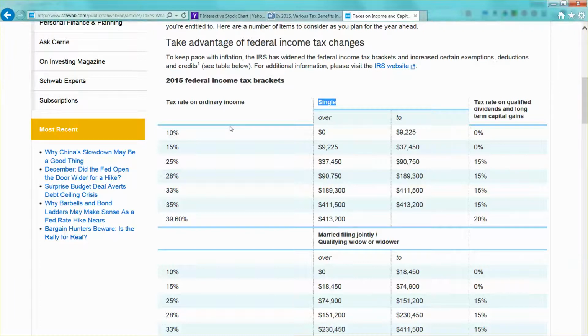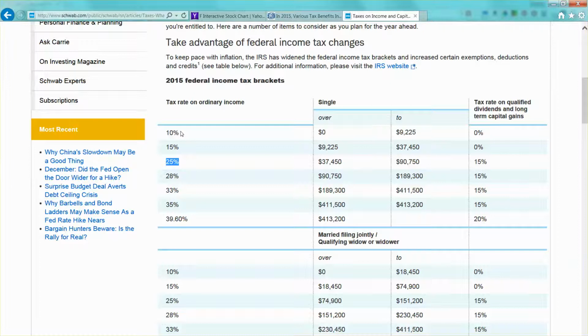And you can see it has different levels. Income that you make that falls in this range from 0 to $9,225, you'll be taxed at a 10% rate. Income over 9,225 but up to and including 37,450 will be taxed at a higher rate, 15%. And as you make more money, you get taxed on that income at a higher rate.